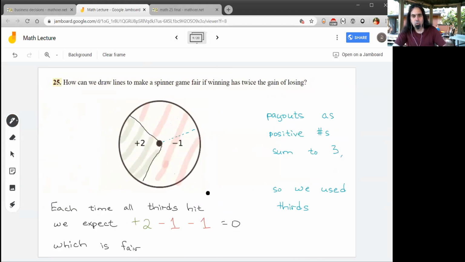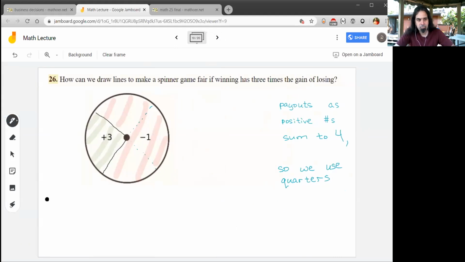And each time all the quarters are hit, because eventually, if we do this, we would expect the spinner to hit all 4 quarters equally, right?